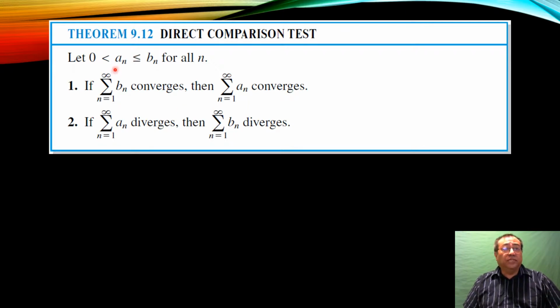Here we're saying that one series is smaller than another series for all values of n. This "all values of n" is kind of loose. It could be n greater than or equal to 4. There's some beginning point for n, and from then on, this is true. If the bigger one converges, then the smaller one converges. If the smaller one diverges, then the bigger one diverges.